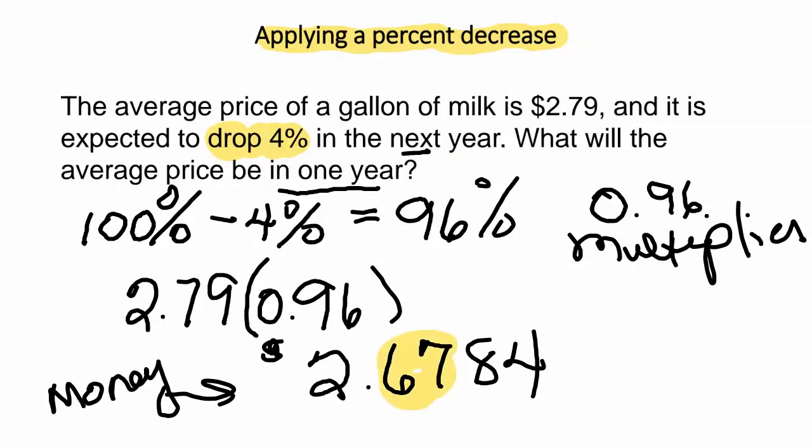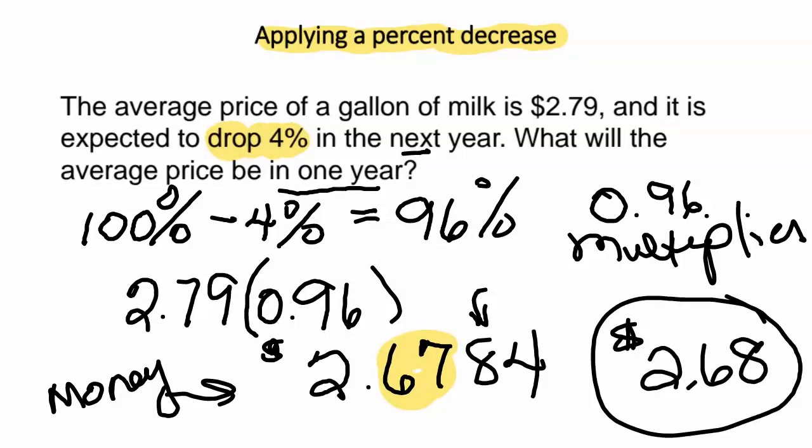So therefore, this 8 is going to make my answer $2.68. That's my answer. Okay. Any question? I hope not.